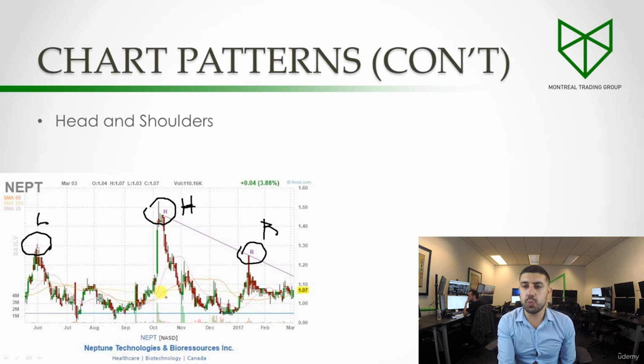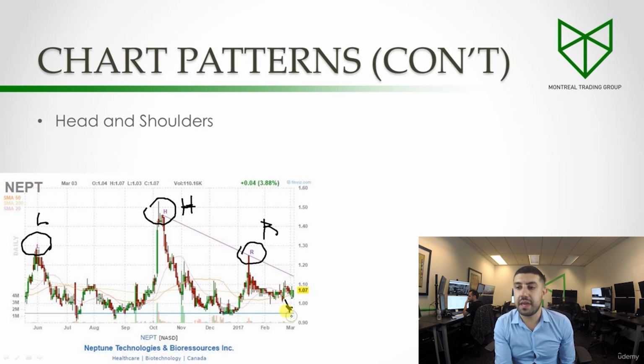So there's support at that price, and then the price goes up again because demand comes up, but demand isn't able to push it higher than previously, right? So it stops at that same level and it drops again. And now the theory behind head and shoulders is that after the second shoulder, since it wasn't able to go as high as the previous one, there's more supply, it's going to break the neckline.